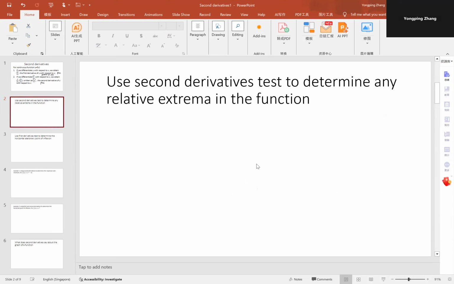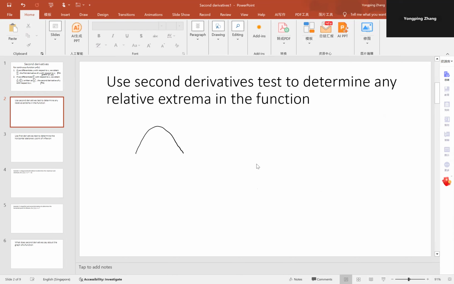First, we use the second derivative test to determine any relative extreme in the function. Use the second derivative to determine the maximum or the minimum point in the curve.